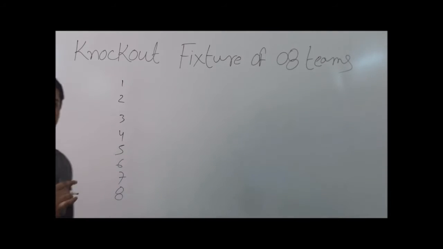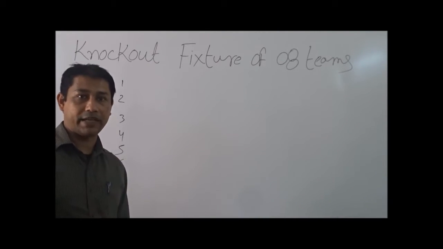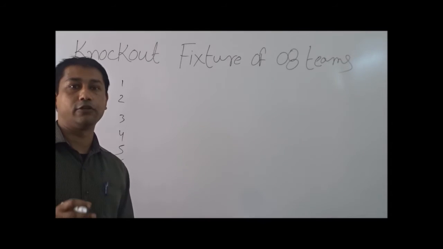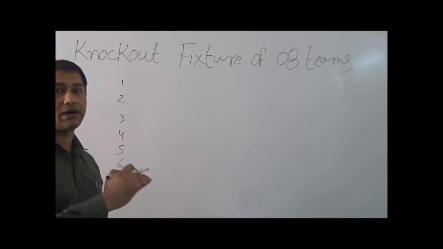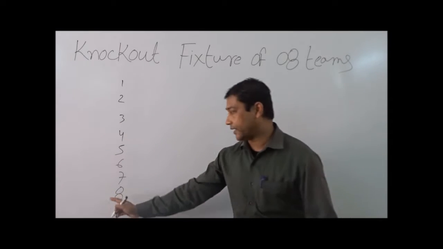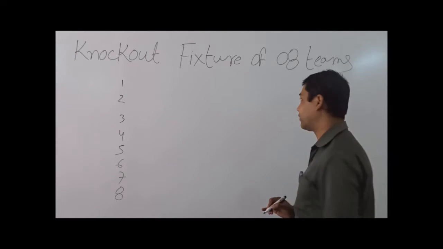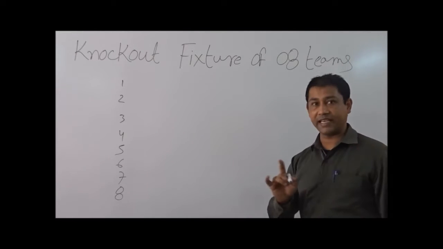Then, as told earlier, the total number of teams needs to be divided into two halves, that is upper half and lower half. So we need to take into consideration the total number of teams while dividing into upper half and lower half. 8 is an even number.